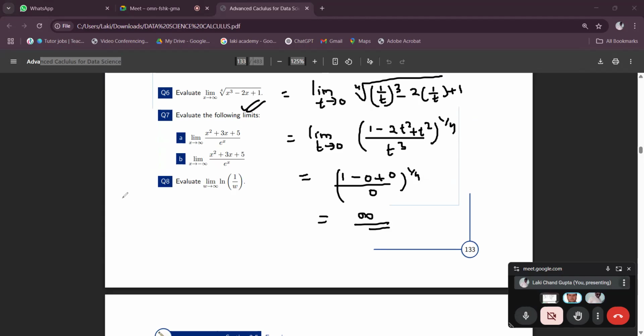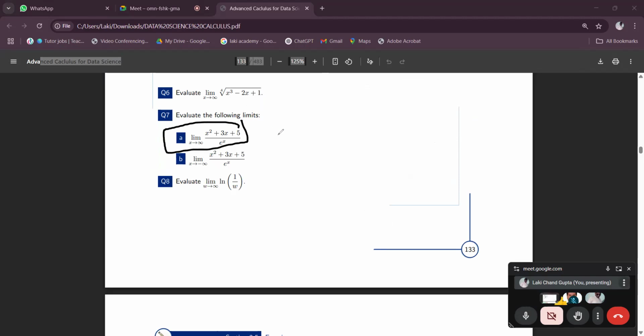Yes, we are doing the direct evaluation. Now you can see this. First put infinity directly.